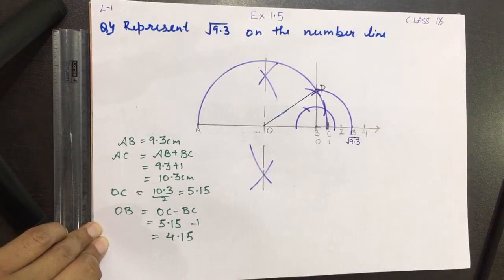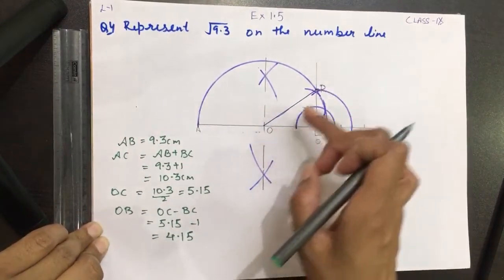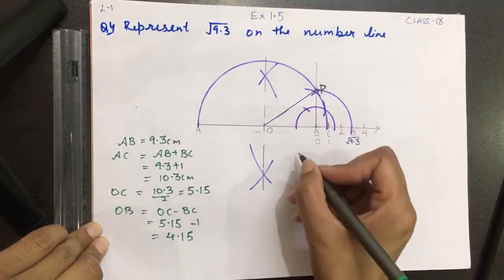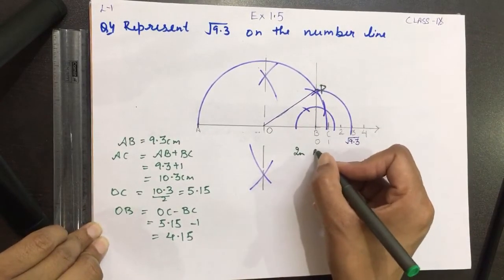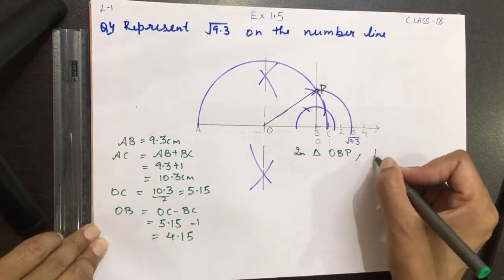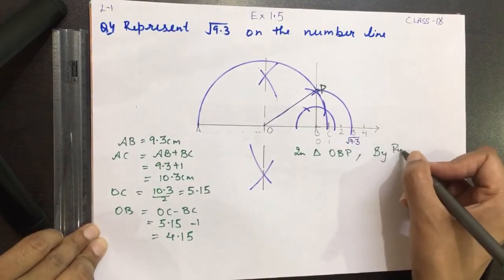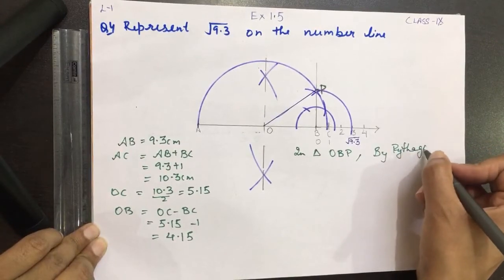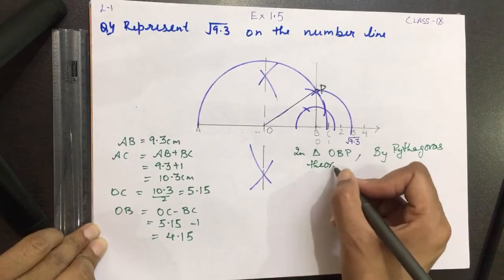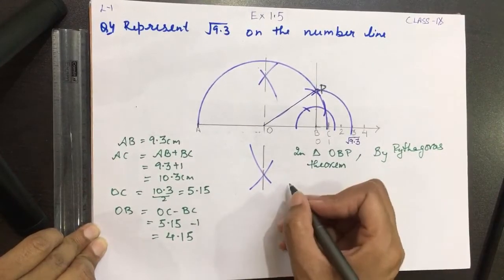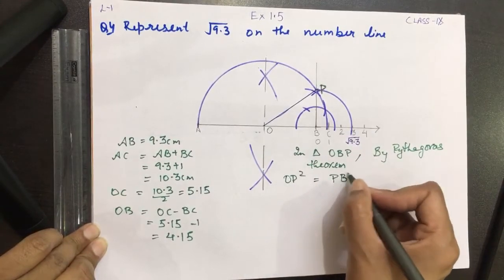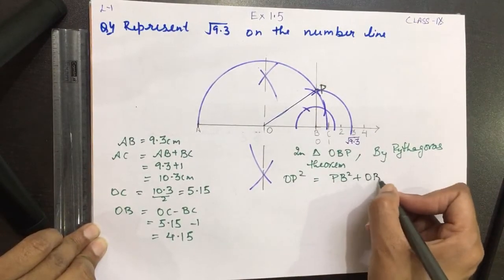Now, in triangle OBP, this is my P, in triangle OBP by Pythagoras theorem, I am getting OP square equals PB square plus OB square.